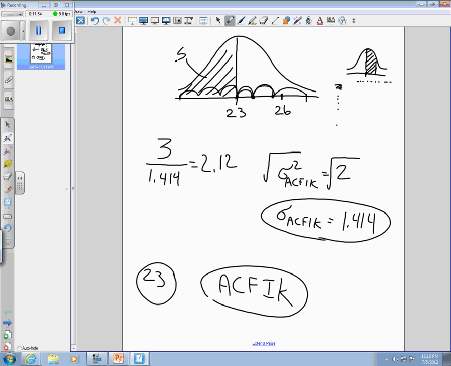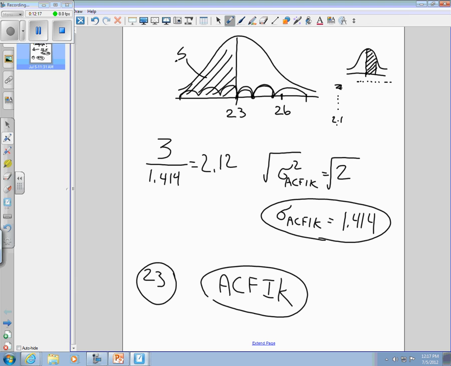Well, what we're going to do is find 2.12, and we're going to do that by coming down this Z column until we get to 2.1. And what you do is you add the row heading, in this example 2.1, to the column heading.